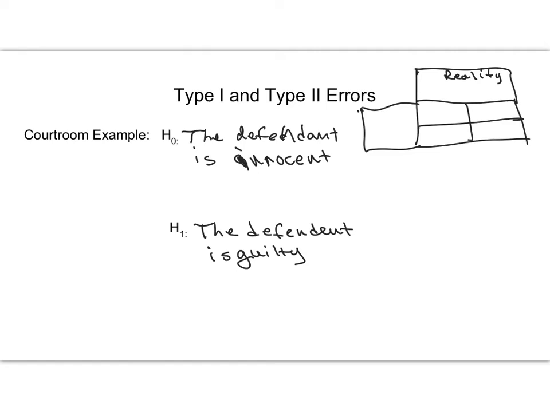So if we're on that jury, we have those two hypotheses. And we can fail to reject, or we can reject them.